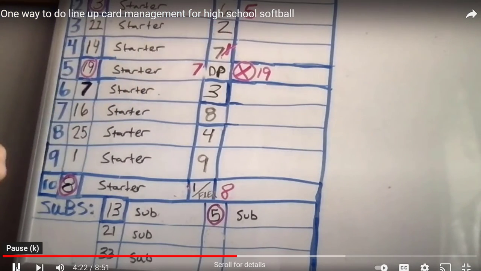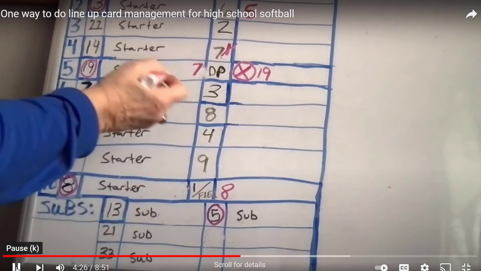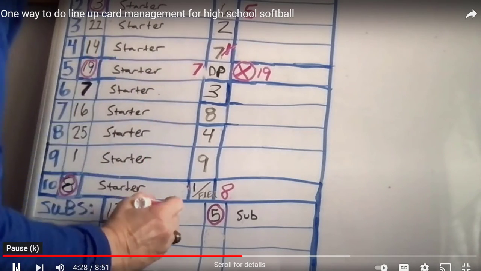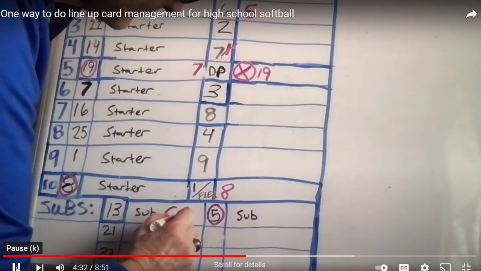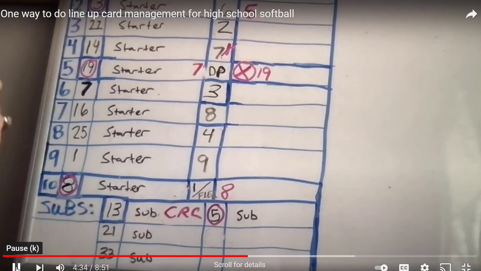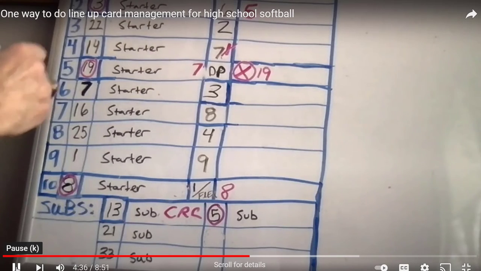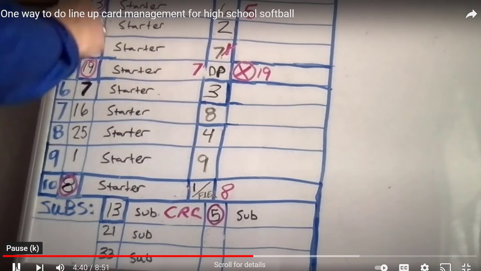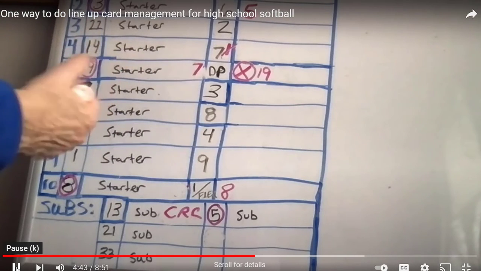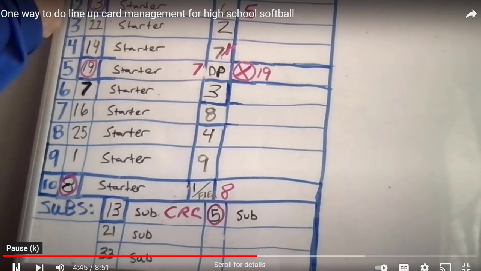Catcher's in the 2nd spot, number 22. So 13 is going to courtesy run for the catcher. Courtesy runner, catcher. At this point, that's all you have to do, because 22 hasn't left the game, she's being courtesy run for.